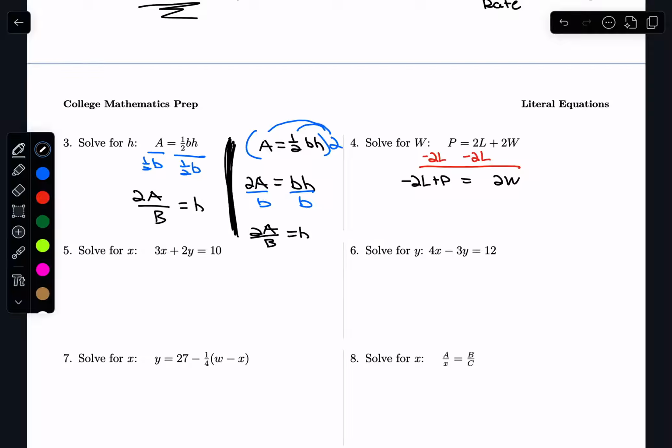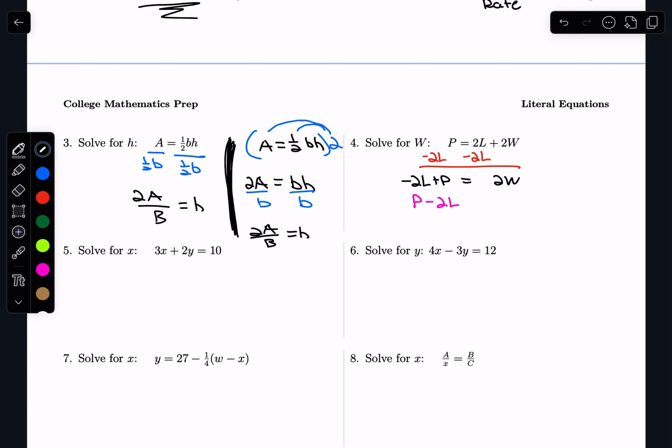Okay, now here's the thing. Whenever we have subtraction of a variable term like this, we prefer to write it in the back. So although mathematically what I just wrote is perfectly fine, I'm going to rewrite the left side as p minus 2l.